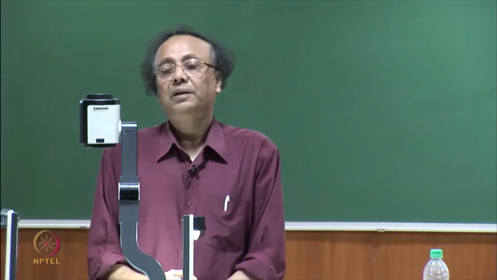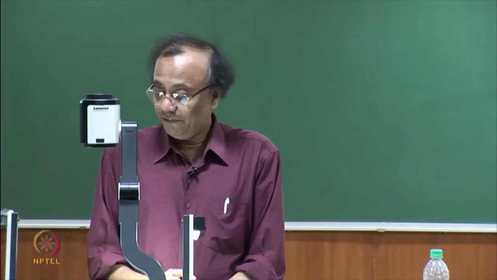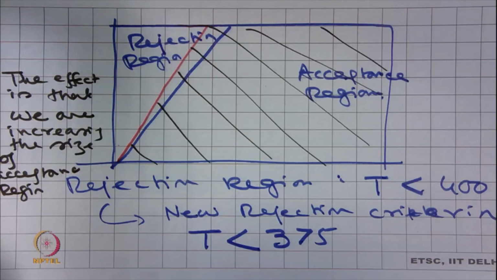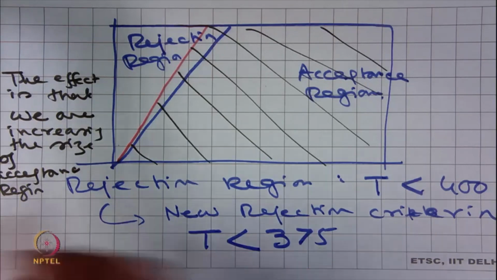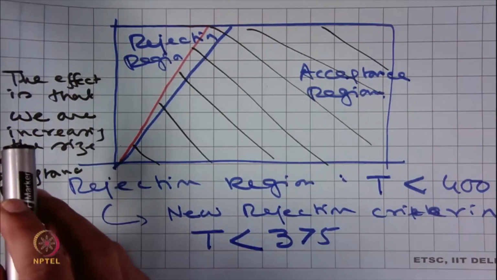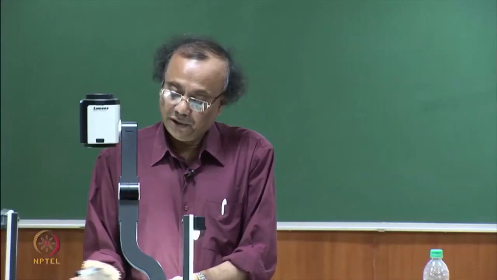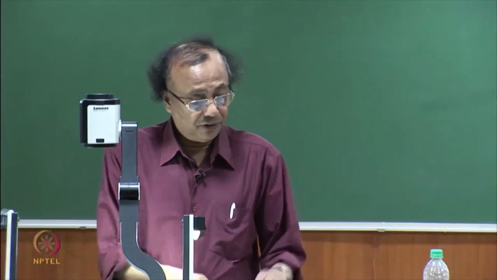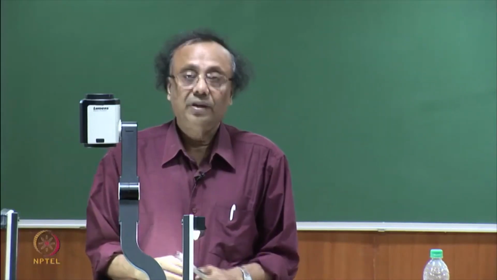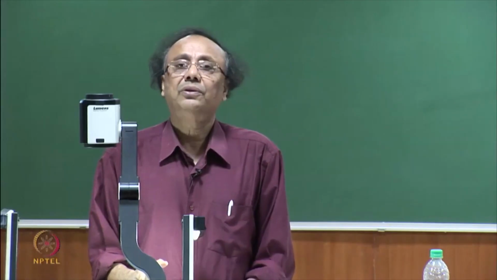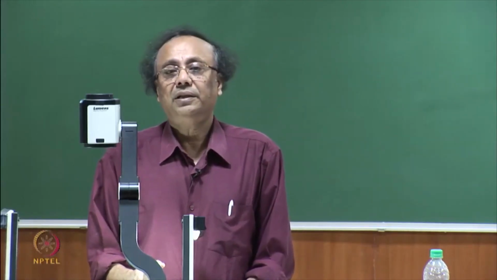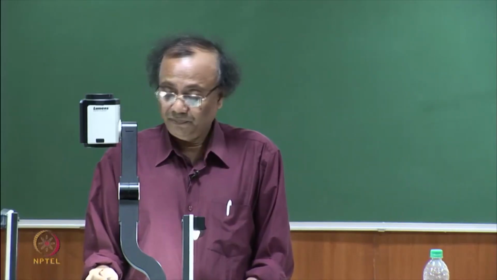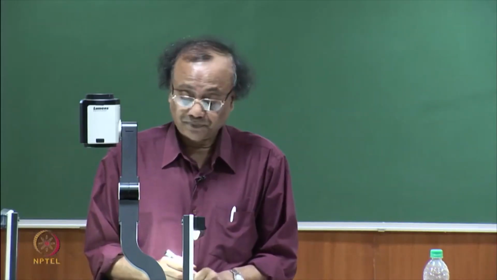Say for example, if the number of heads is 390, in earlier cases we would have rejected it, but now we are going to accept it. I hope the concept is clear. Therefore, it suggests that if you want to reduce the type 1 error, we are going to increase the probability of type 2 error and vice versa.